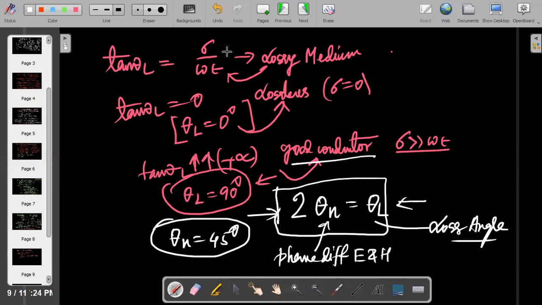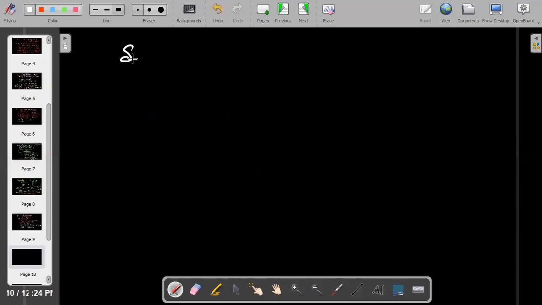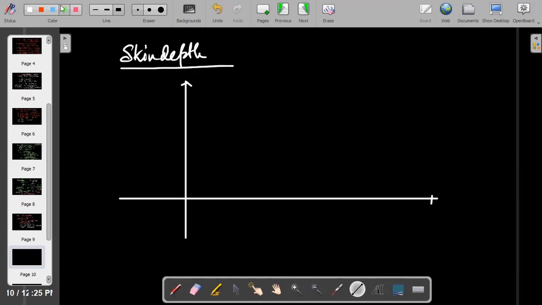Now one thing I will say. What is your skin depth? What is called skin depth? Skin depth means the distance. The skin depth is nothing but the distance at which the wave amplitude decreases by a factor of 1 by e, or approximately 37 percent. It's called skin depth or penetration depth.